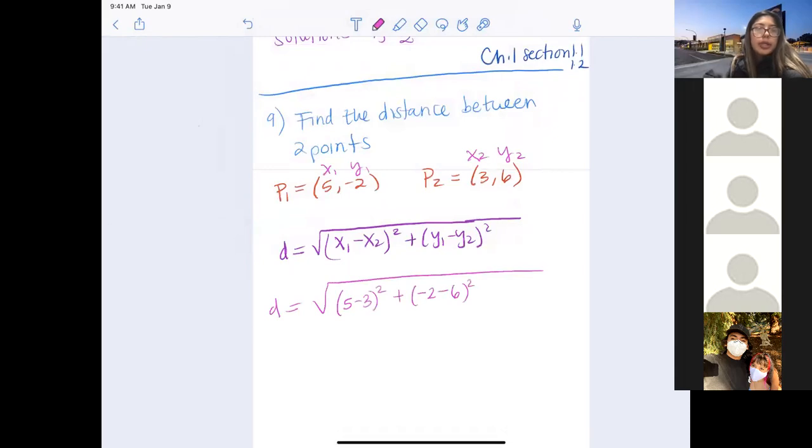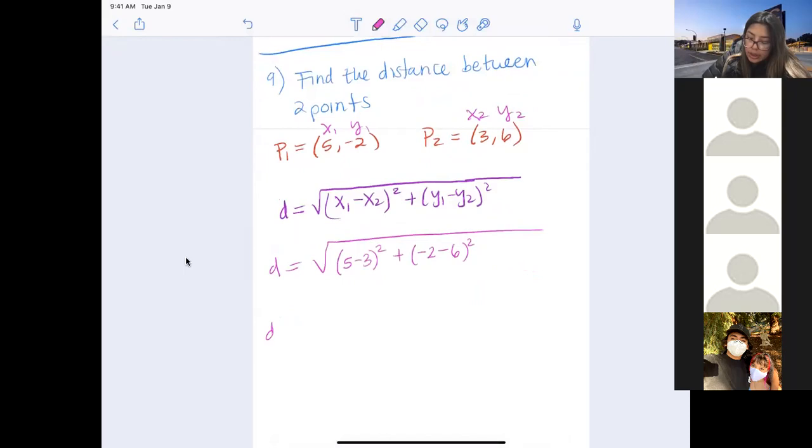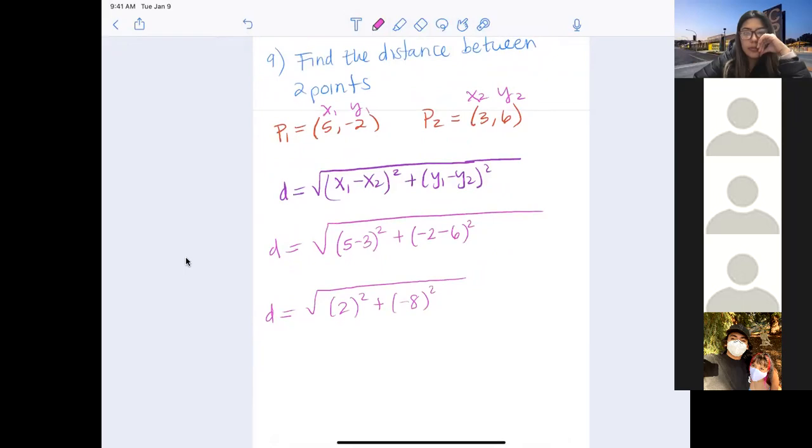Okay, so you're plugging and chugging. So then you have d is equal to the square root of 2 squared plus -8 squared, because -2 minus 6 is -8. So then you have d is equal to the square root of 4 plus 64.